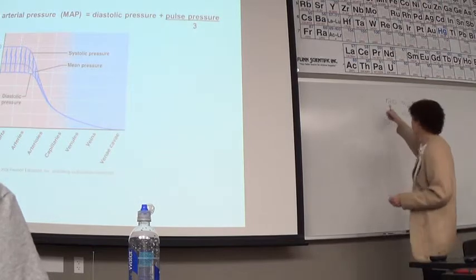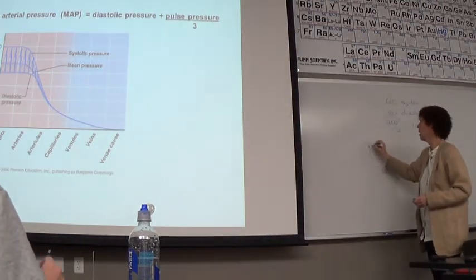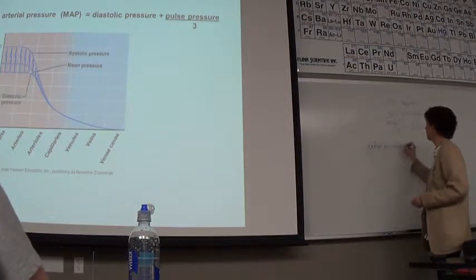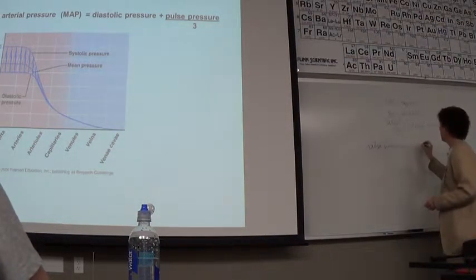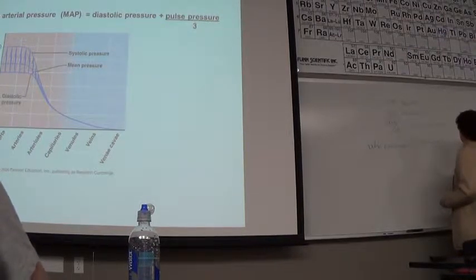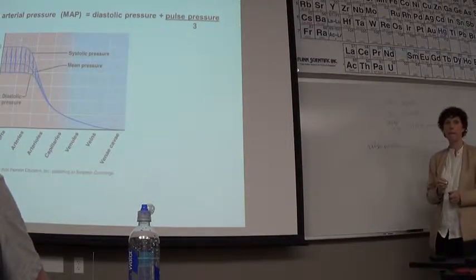So pulse pressure is the difference between the two. Pulse pressure is equal to systolic pressure minus diastolic pressure. Okay.